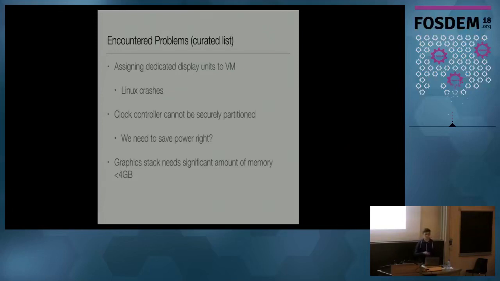And of course, it featured 4 gigabytes of memory, but only 512 megabytes were actually physically attached to the CPU below 4 gigabytes. The rest of the memory was above the 4 gigabyte boundary, which made it a little bit difficult to allocate memory below 4 gigabytes for both of the VMs. So we had to do some tricks there as well.